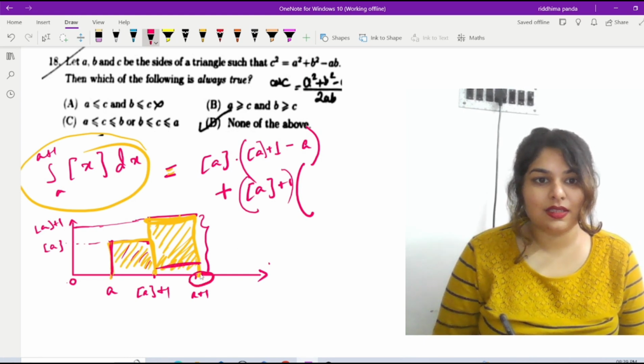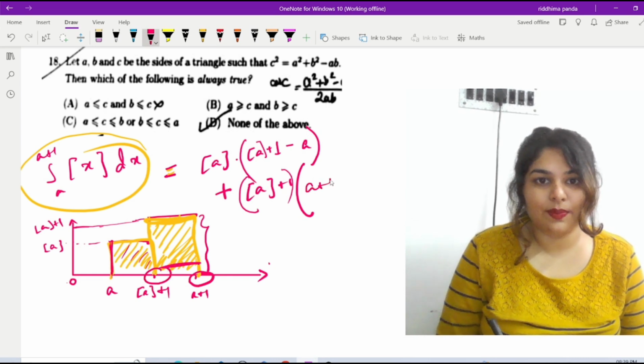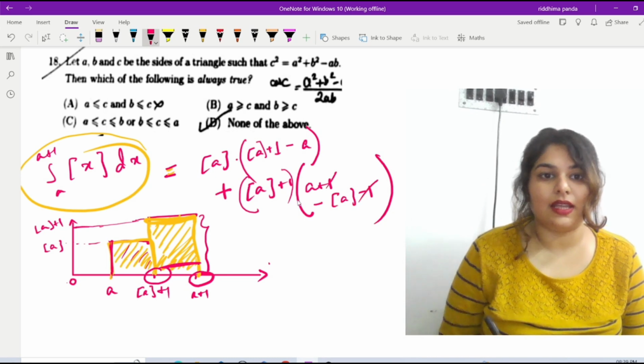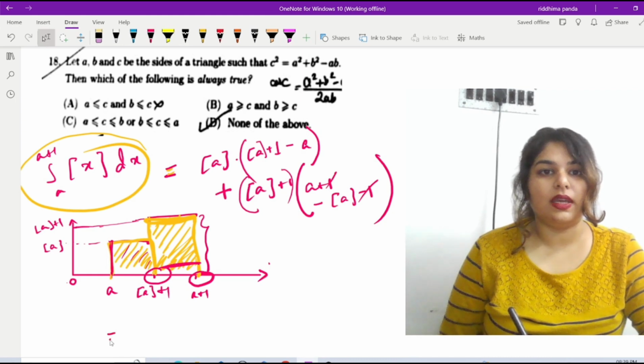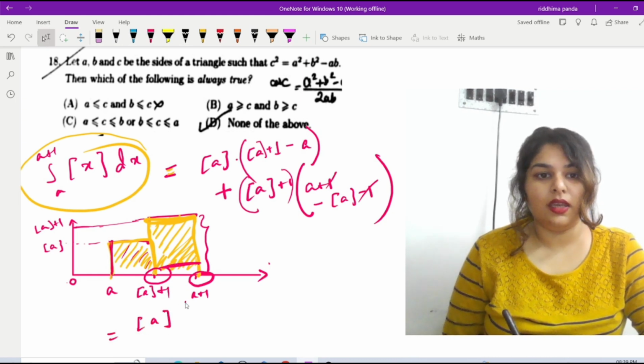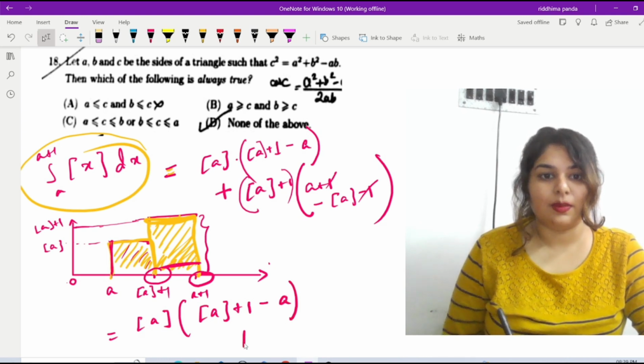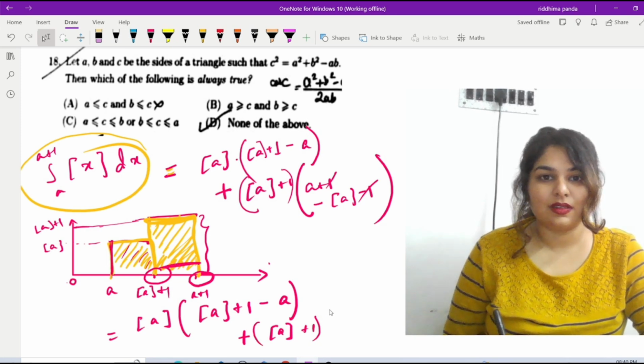The base is this minus this, that is a plus 1 minus a minus 1. So this gets cancelled. If we write it in a simplified manner, we get a into a plus 1 minus a, plus a plus 1 into a minus a.